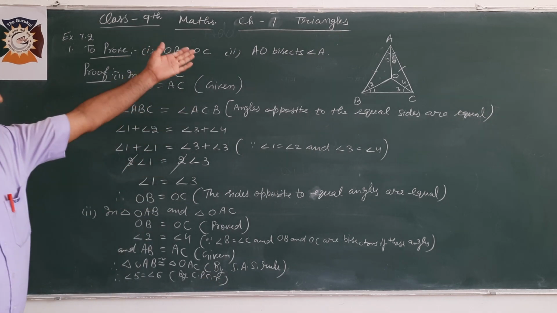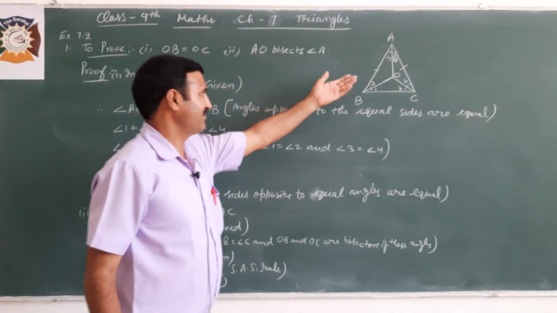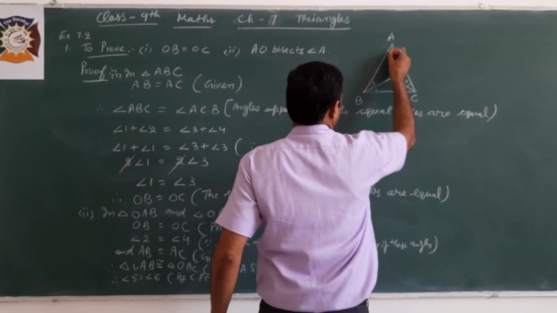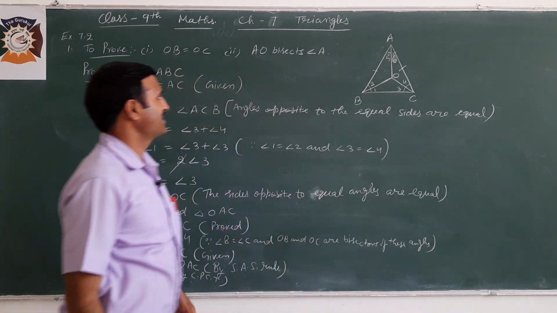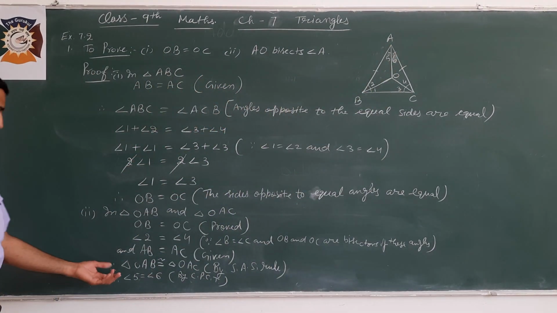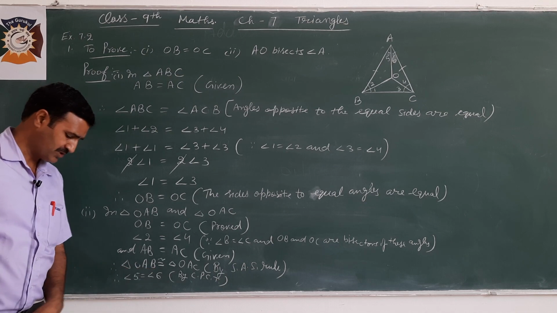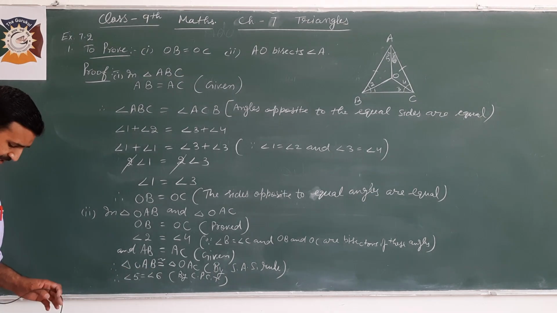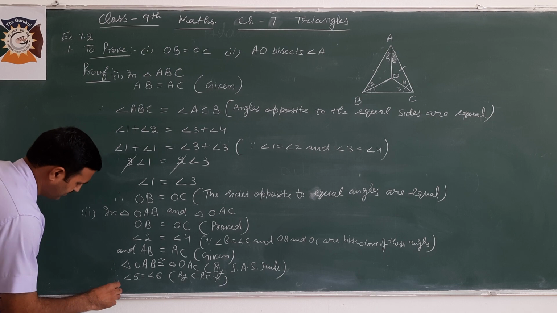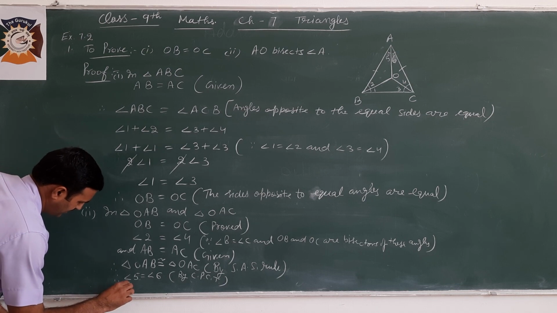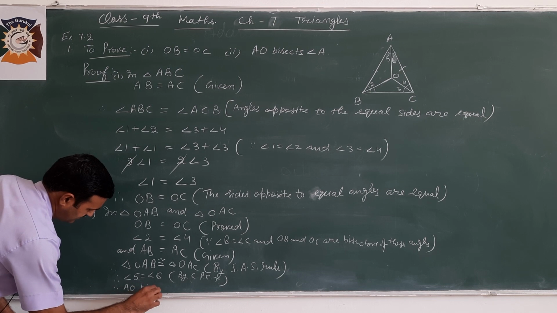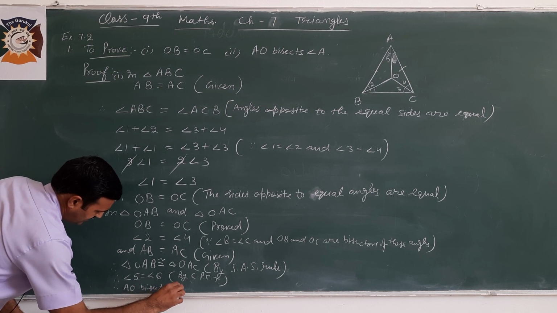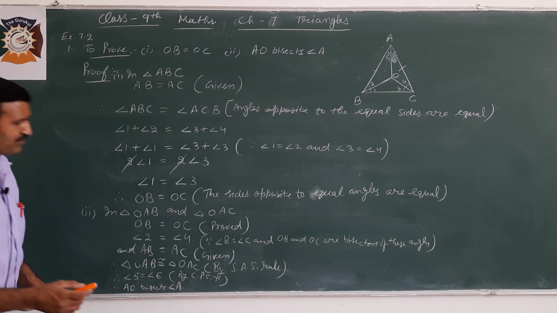And if angle 5 and angle 6 are equal, then AO is the bisector of angle A. If 5 and 6 are equal, what does AO do? It bisects the angle. Therefore, AO bisects angle A, hence proved.